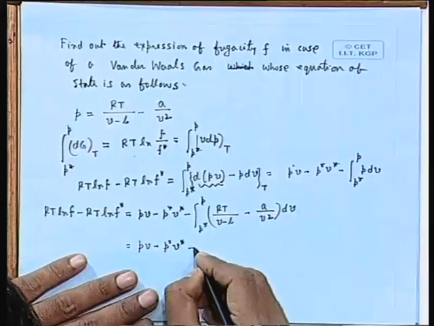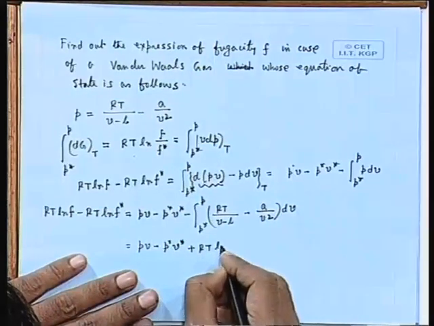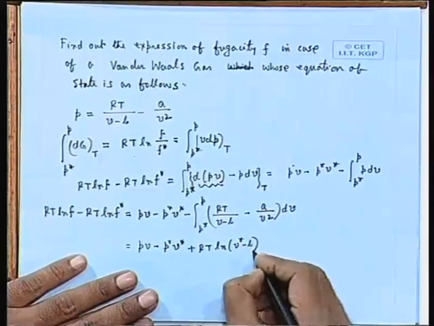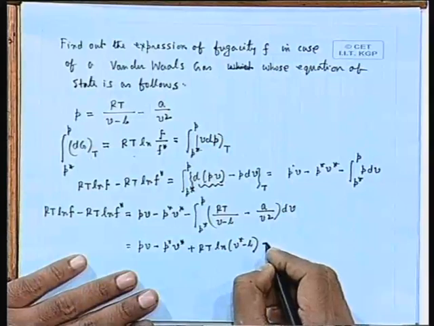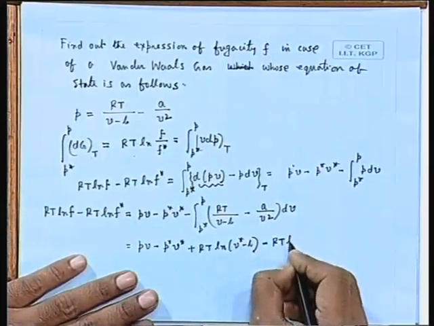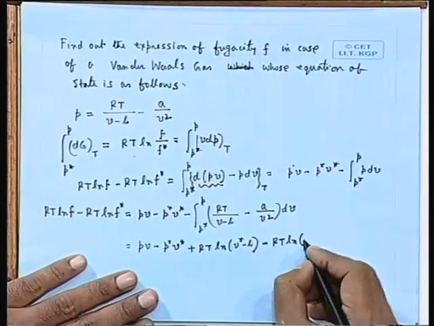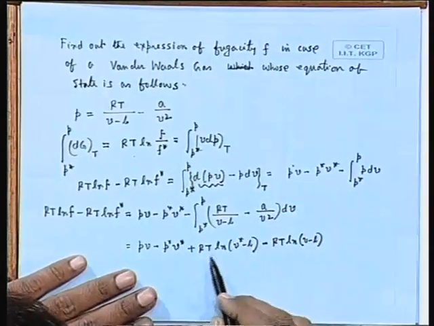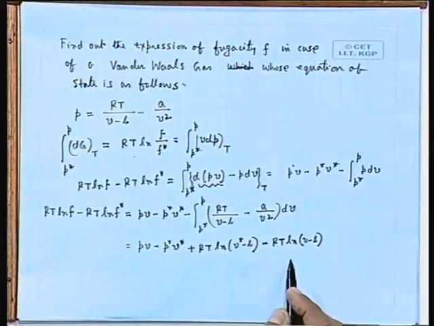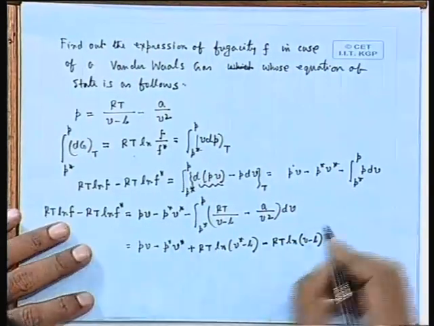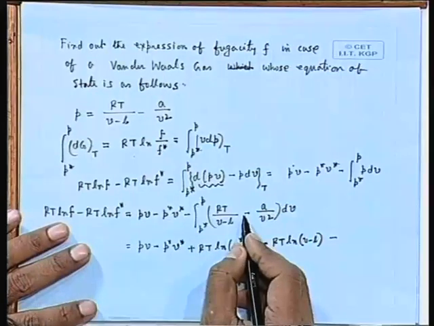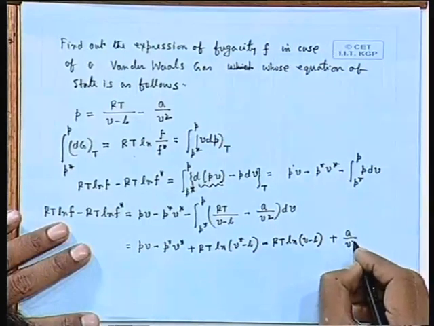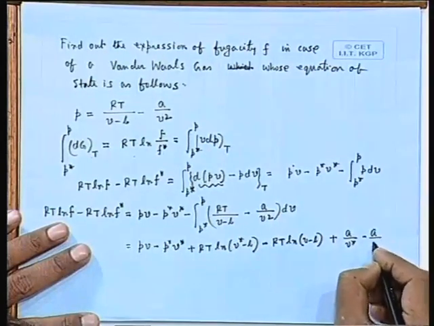Therefore we can first write RT ln(V star minus B) minus RT ln(V minus B), minus, now this is minus, minus, so plus A/V star minus A/V.